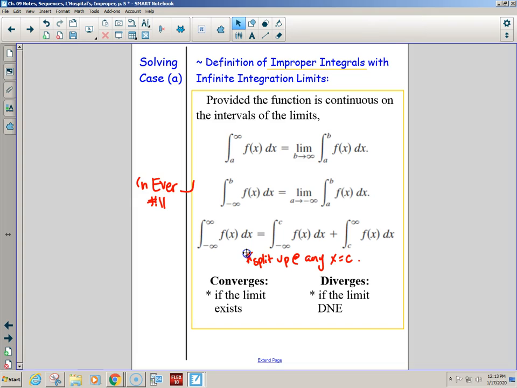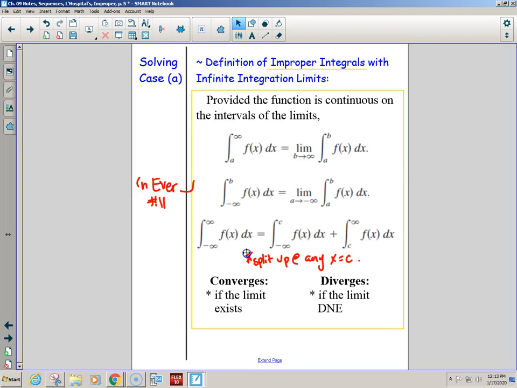But hold on, wait a minute. Discontinuities should have been separated, split up as well. So technically, split up at any x equals c, and discontinuities should have already been used. Well, that would just cause a whole other issue if you had a discontinuity and an infinity.